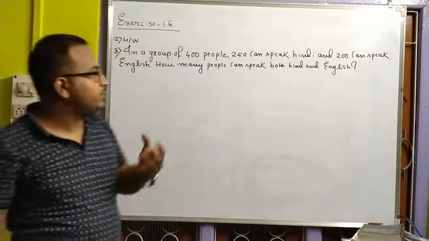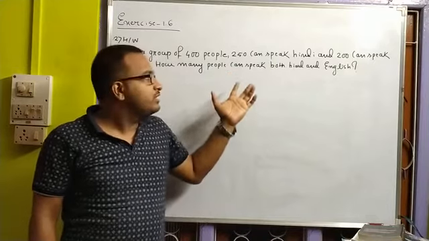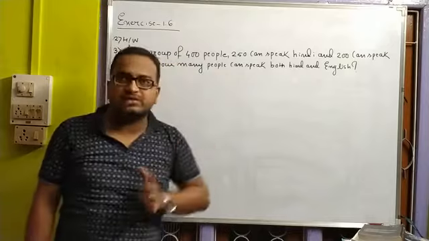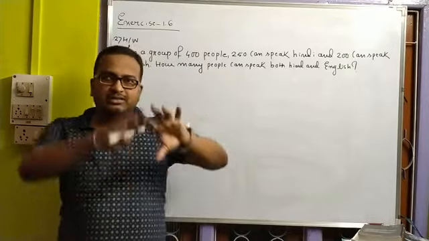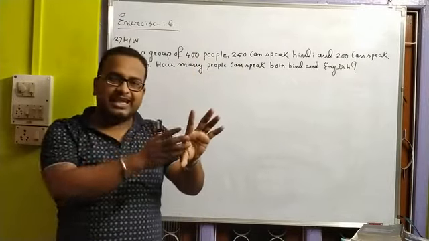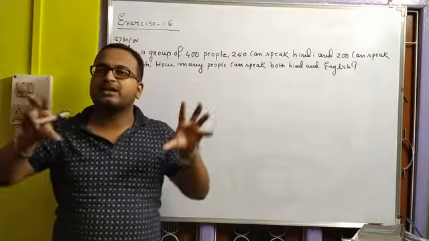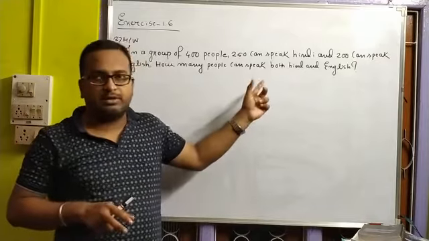So first of all you need to know how many sets are required to solve this problem. In this case you need two sets, because in a group of people, one category can speak Hindi and the other category can speak English, right? So two categories are there. So you need two types of sets to solve this problem, right?